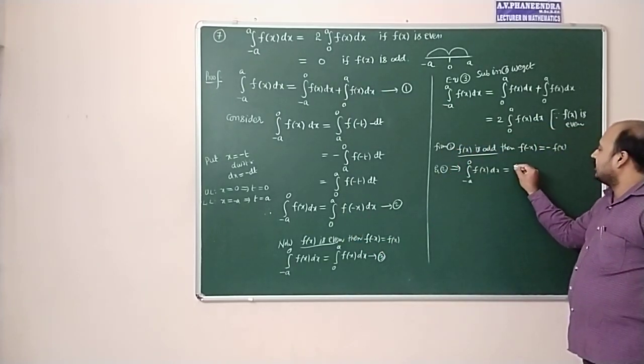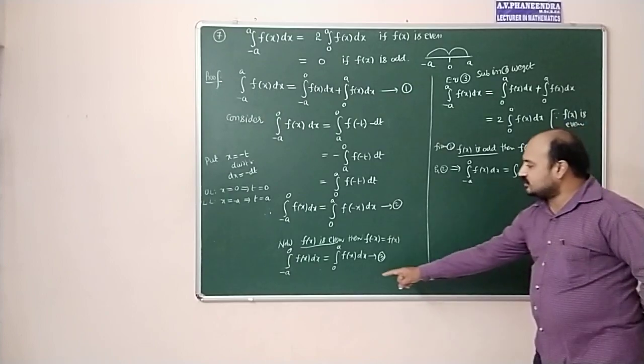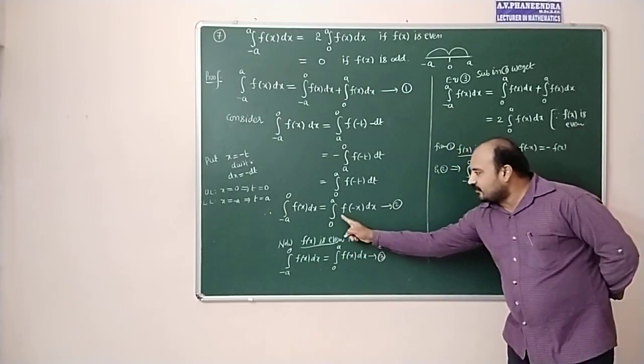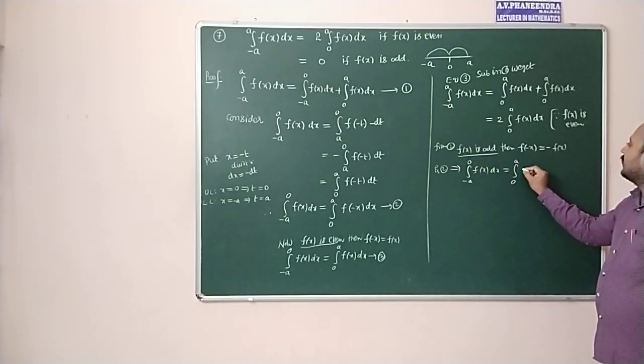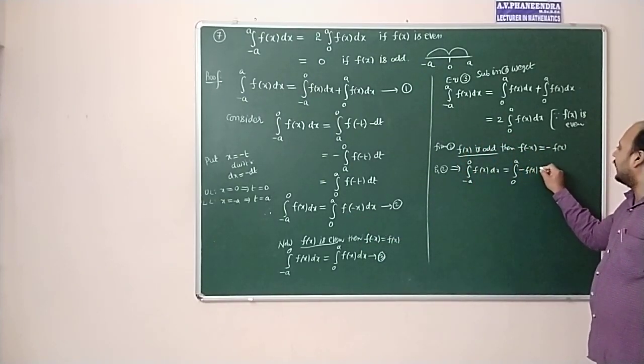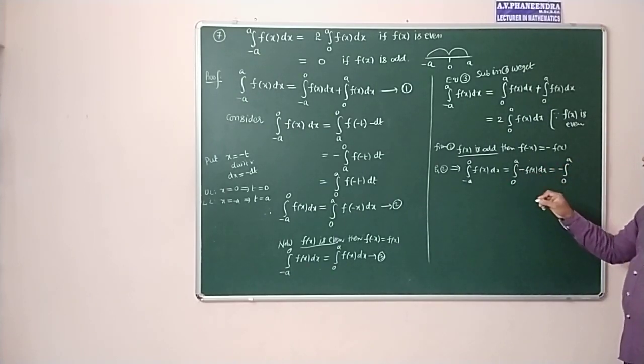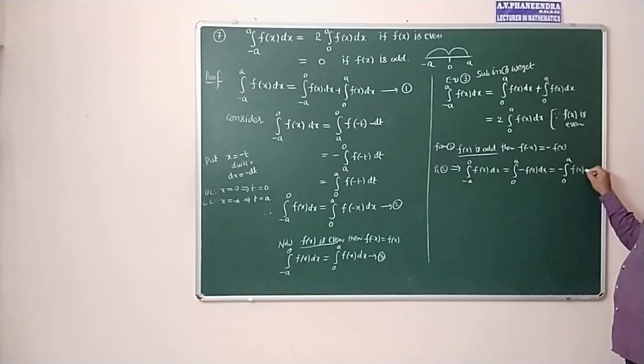Minus f of x, integral 0 to a. In place of f of minus x, what do we have to replace? Minus f of x dx, which is equal to minus integral 0 to a, minus we are taking outside now, f of x dx. We call that equation number 4.